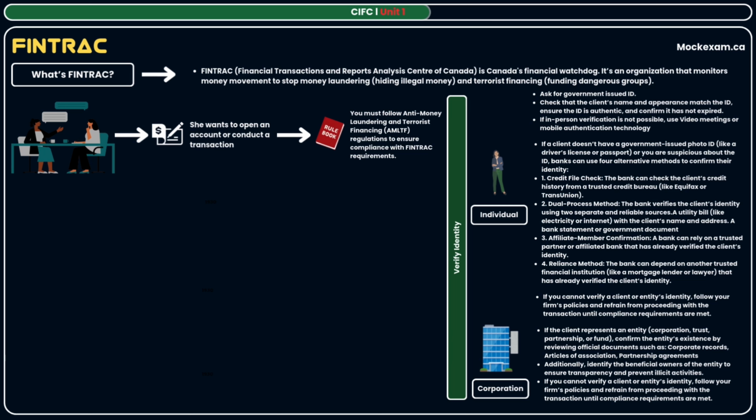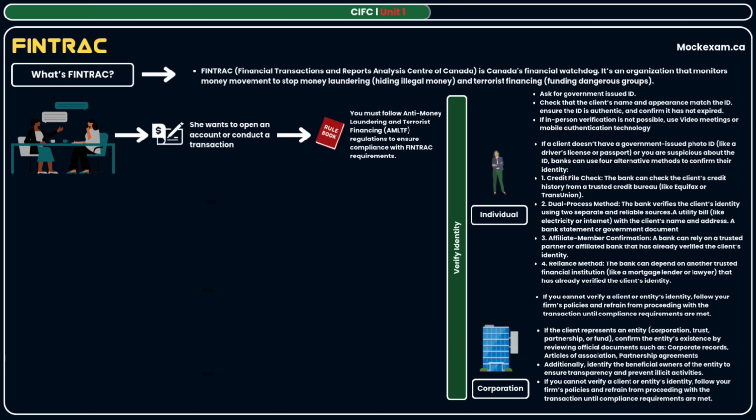If you cannot verify a client or entity's identity, follow your firm's policies and refrain from proceeding with the transaction until compliance requirements are met. Exactly the same as the individuals. Great. So in the first step, we verified identity, both for individuals and corporations.